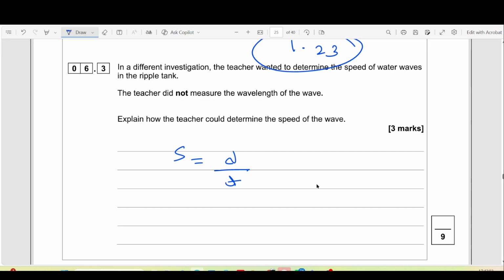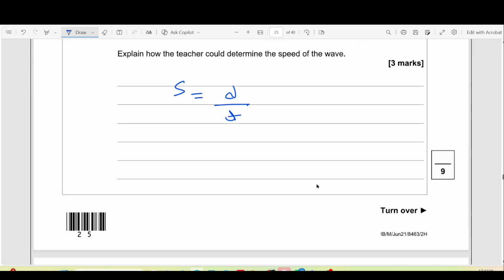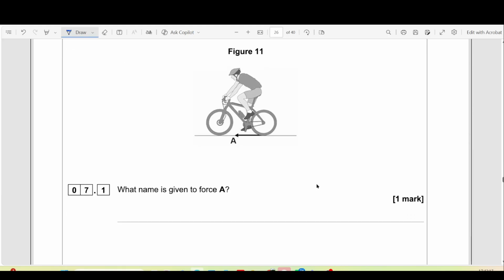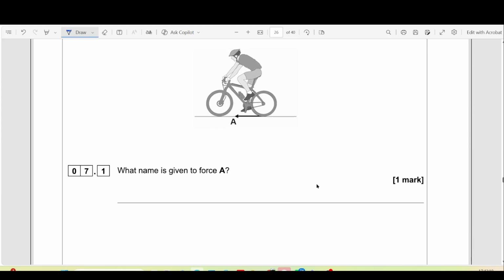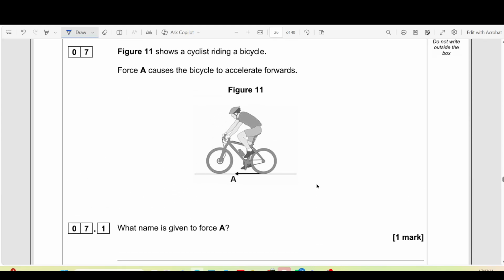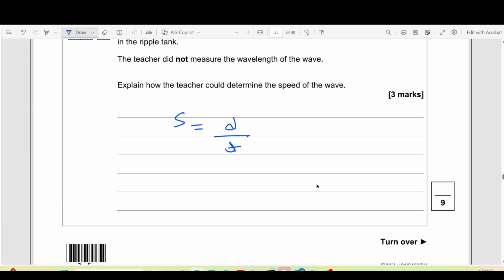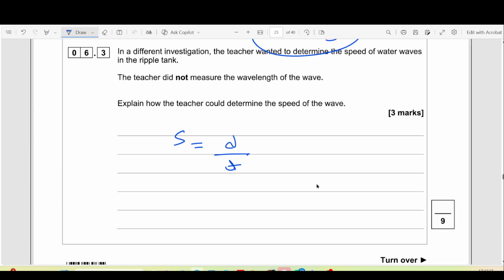Use this formula, distance over time. Then measure the ripple tank. Find distance.